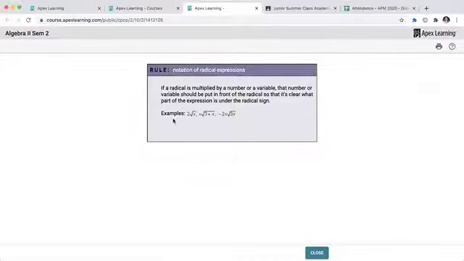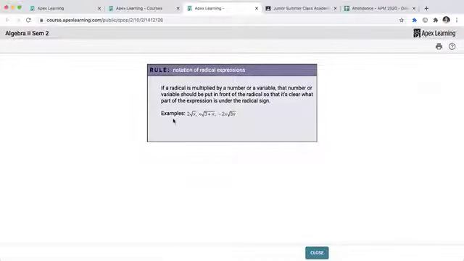When radicals have like terms, you can combine them. They are like terms if they have the same degree and the same radicand. So if I have an x squared term in there, I have to have an x squared term somewhere else, and they have to have the same radicand.